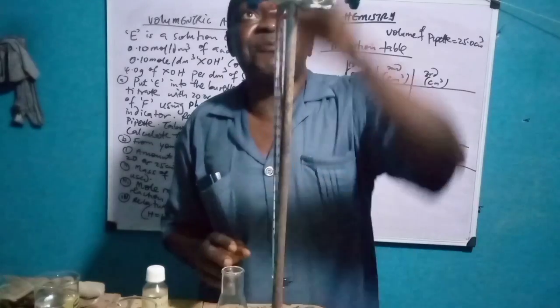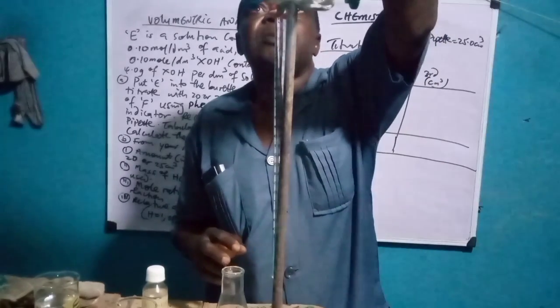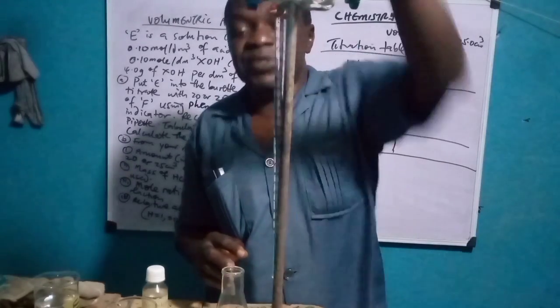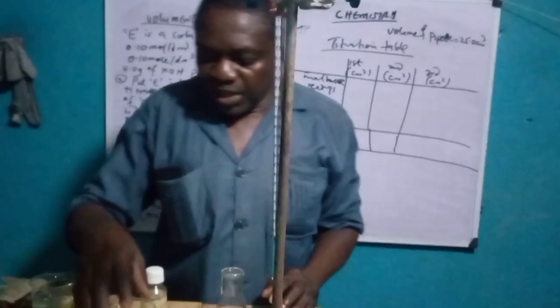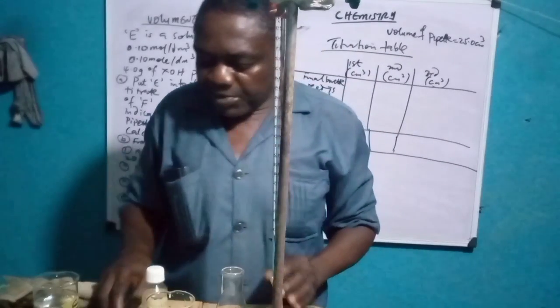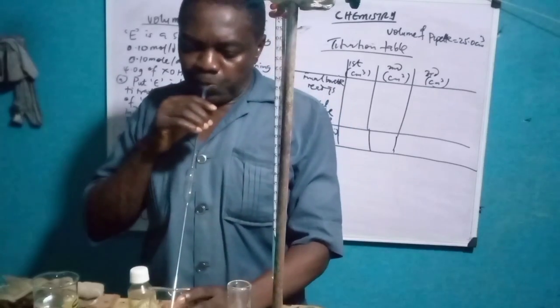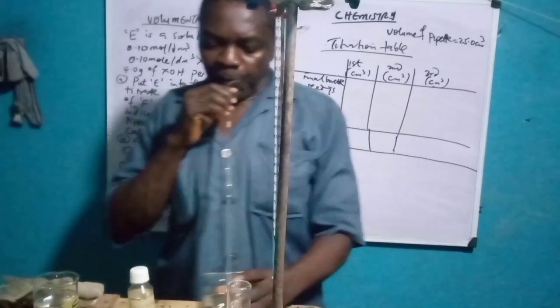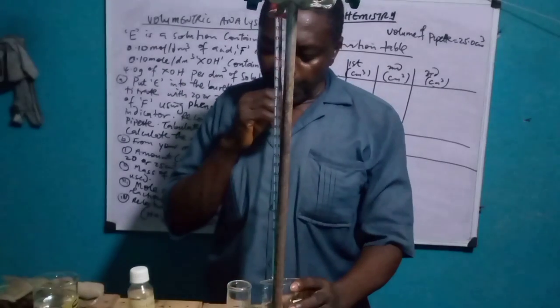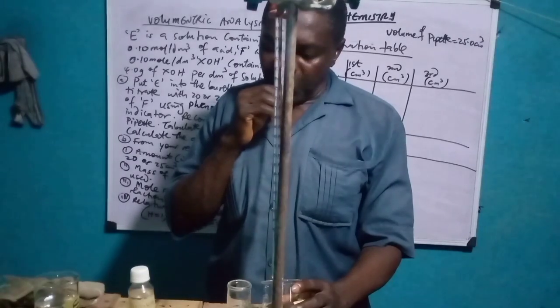So this one, we already filled it with acid from 0 to 50. So that one is already filled. And this is the base. We are going to pipette it and then drain it through. So we are sucking it.